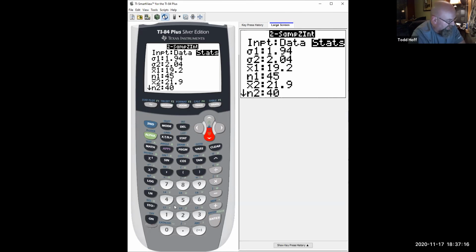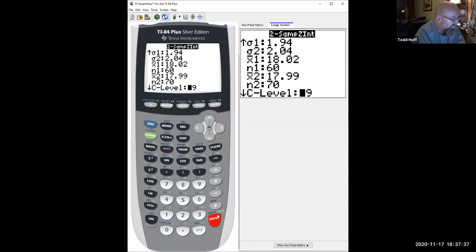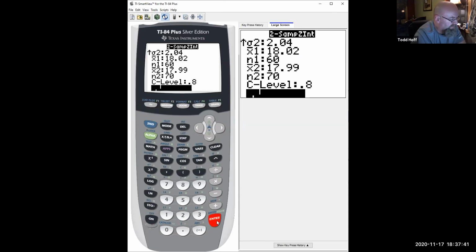First sample mean is, what do we have, 18.02. Sample size was 60. Second sample mean was 17.99. Sample size there was 70. Confidence level is going to be 80%, so 0.8.